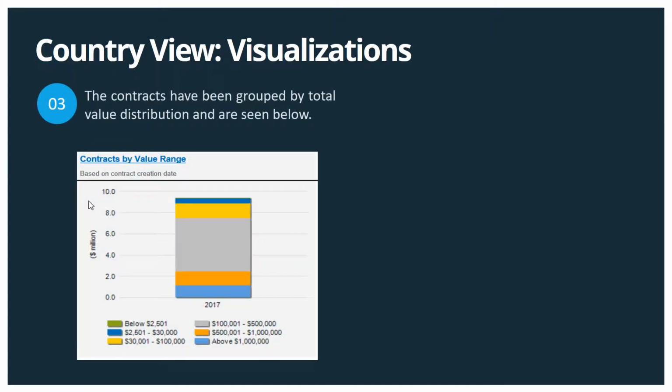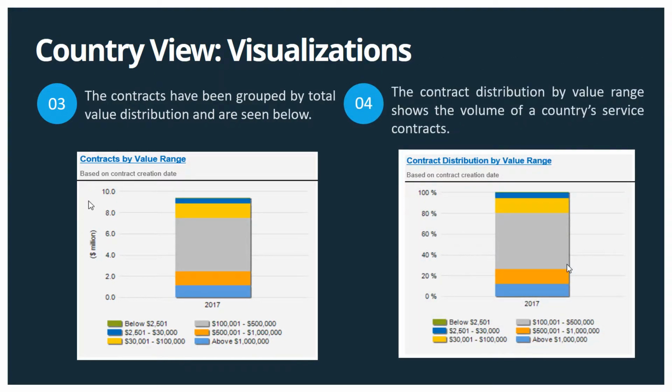You are also able to see the total value of your contracts grouped by range and their distribution by percentages, which gives you an idea of where the majority of the service contracts that you have issued lie, and indicates the potential workload. Are they in a high range or in a low range?